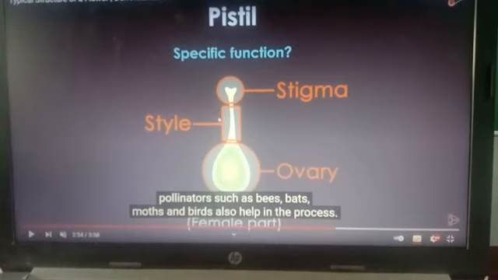So the pollen grain will be transferred from the stigma to the ovary with the help of the style, and the ovary is the swollen basal part of the pistil. It contains the ovule, in which the female gamete is present.